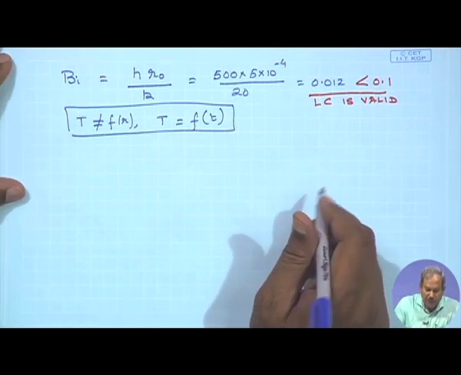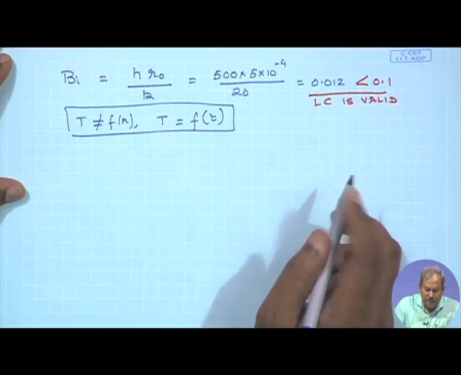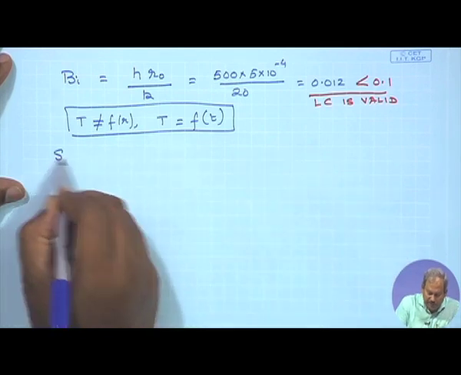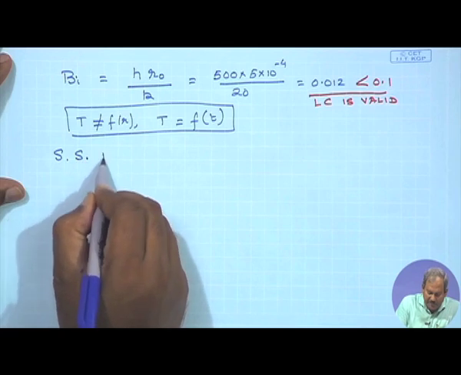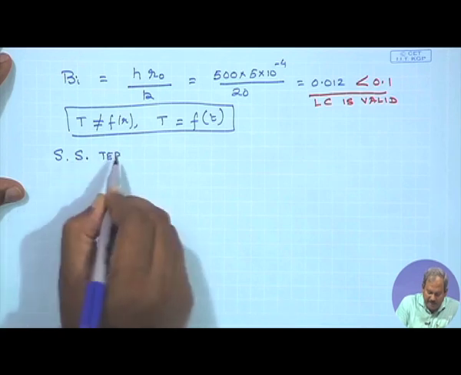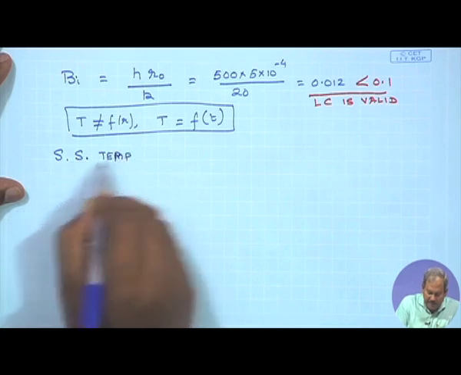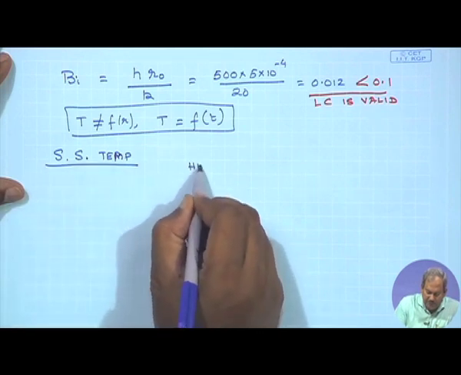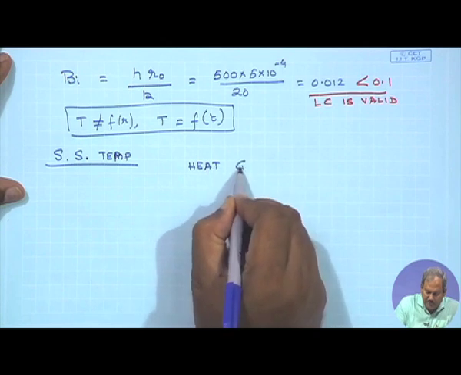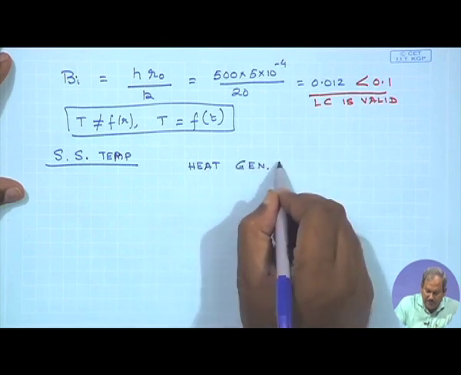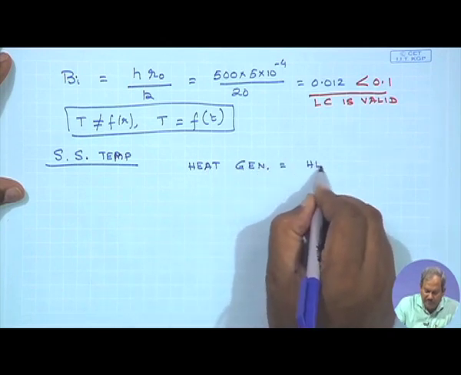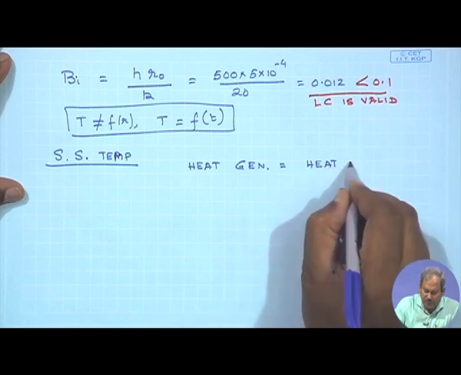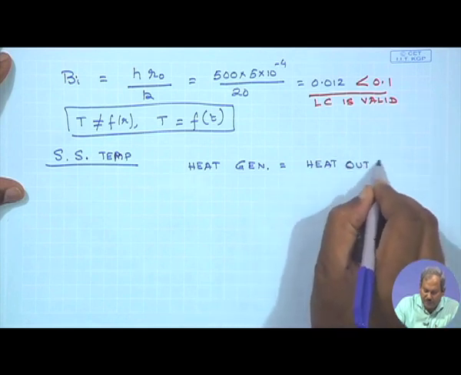Now, when we think about the steady state temperature, at steady state, whatever heat that is generated must be equal to the heat that goes out by convection.